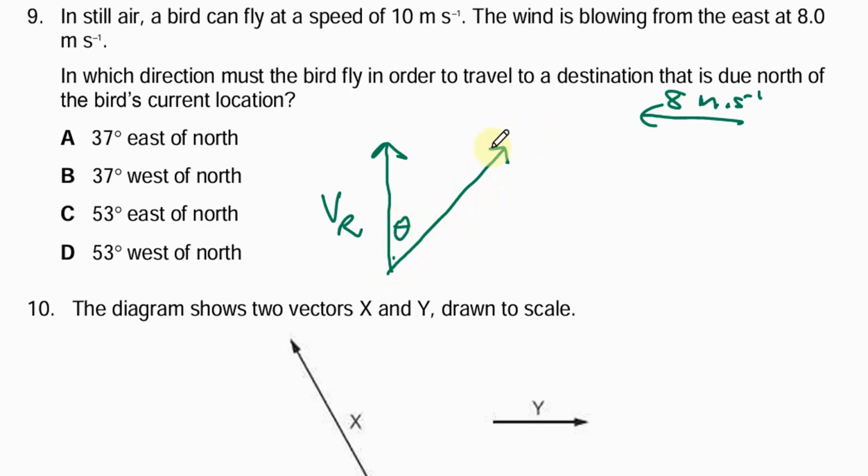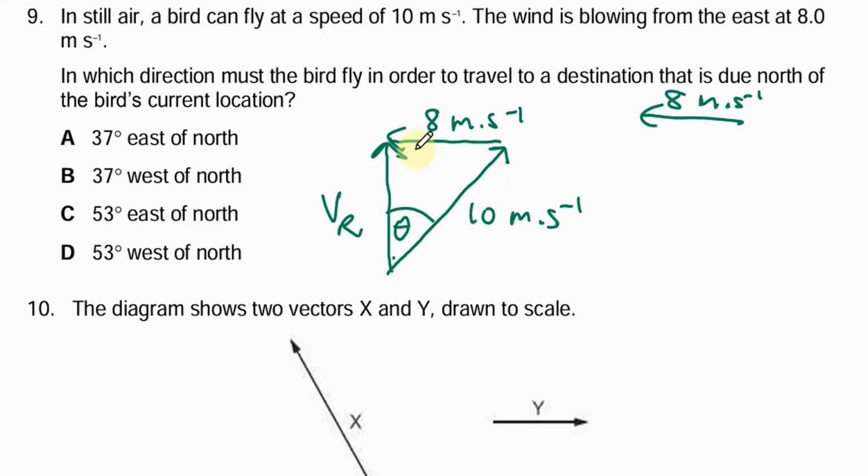He will be blown off course by the wind, so 8 meters per second, in order to have a resultant due north. So these two must be head to tail. The bird's velocity in still air and the wind's velocity must be head to tail. And this is the resultant drawn from the tail of the first vector to the head of the second one.